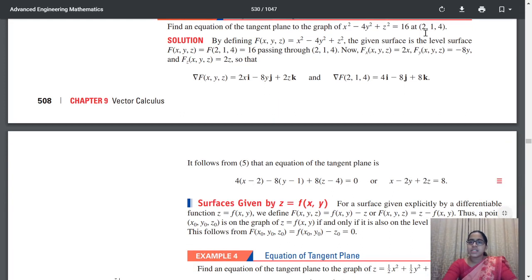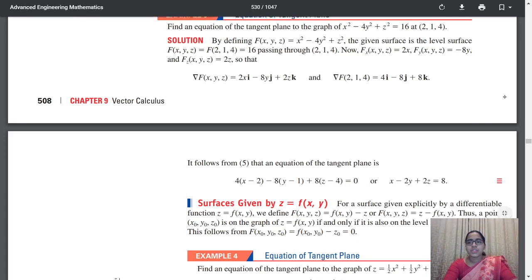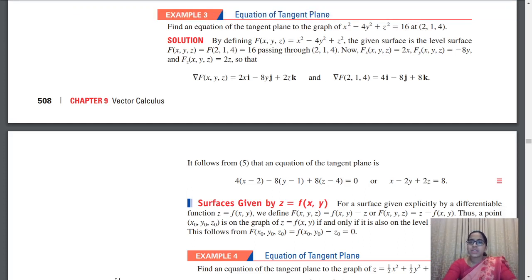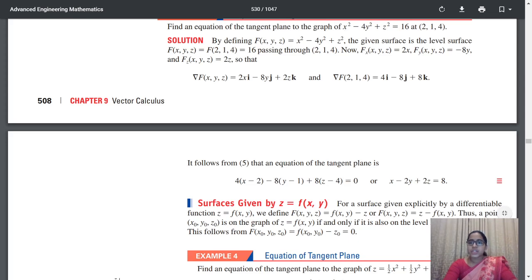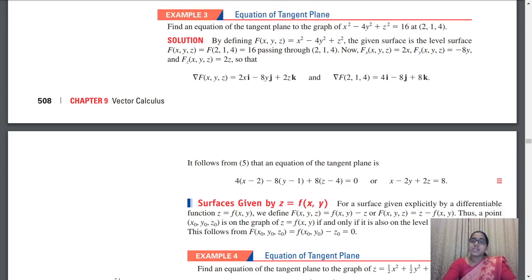We are given the surface and the point, and first we will find the partial derivatives. We will consider the surface to be the given equation, and we will find the partial derivatives fx, fy and fz. Then we will check whether grad f at the given point is 0 or not, because only if it is not 0 can we apply the theorem.